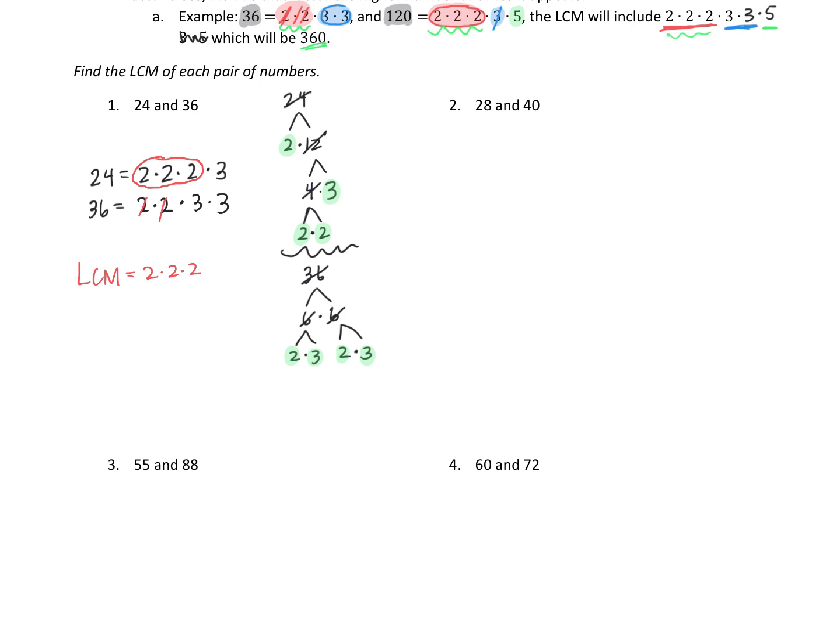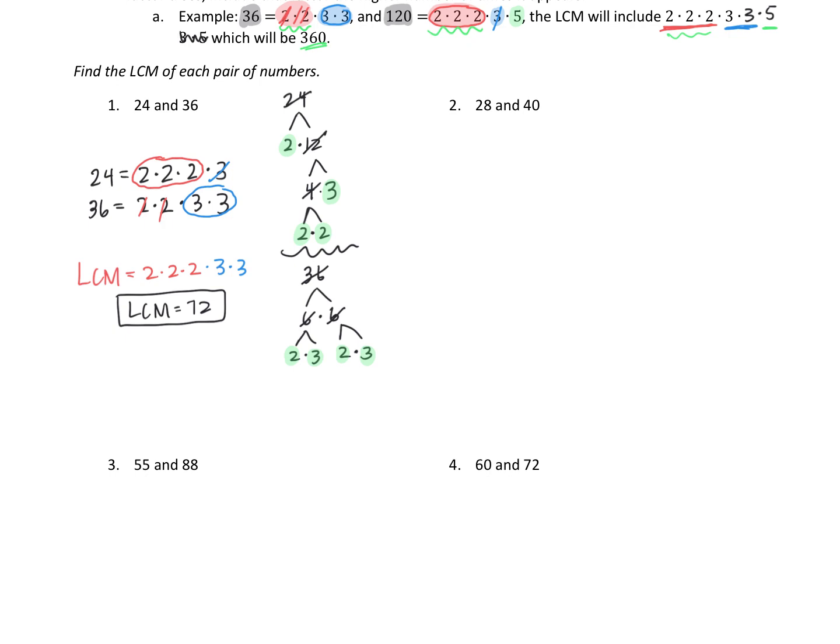For the factor 3, I have 1 3 on the top, and I have 2 3's on the bottom. So 2 3's, that's more. I'm not going to include the single 3, I'm going to include the double 3's. And so to find the LCM, I'm going to multiply that together. So 2 times 2 times 2 times 3 times 3, and hopefully you get 72. So the LCM here is 72.